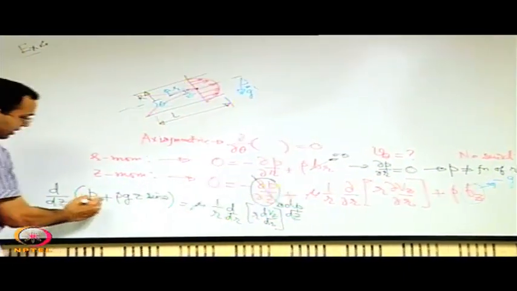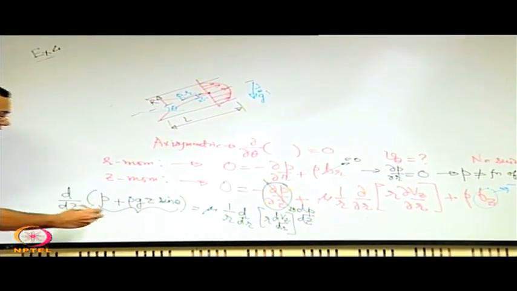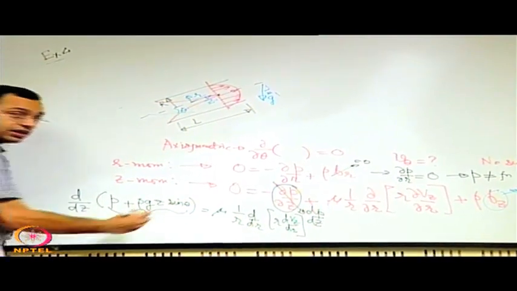So this P plus rho gz sin theta is like P plus rho gh, so this is like P star, the piezometric pressure.